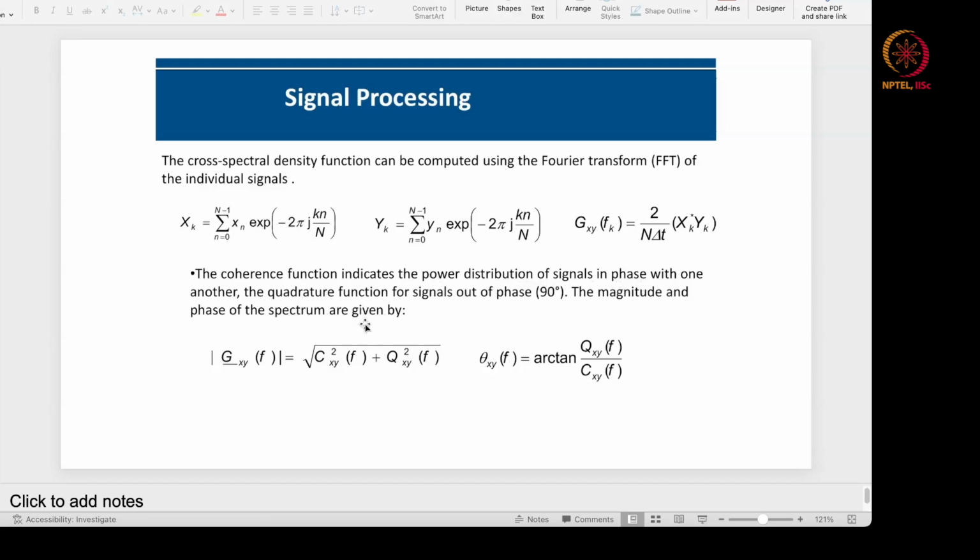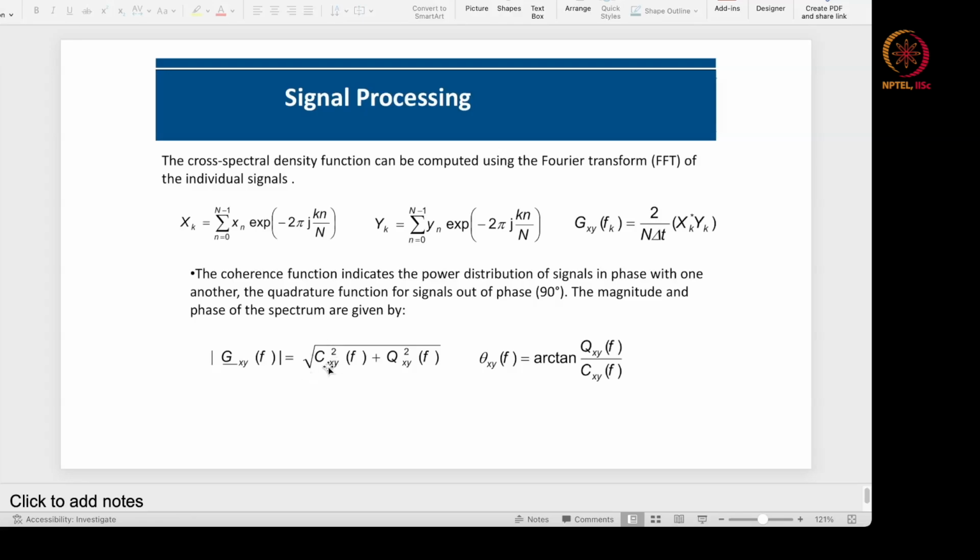The quadrature function, on the other hand, is for signals which are out of phase. If the signal is completely in phase, all the power will be contained in the coherence function, and if all the signals are out of phase, then all the power will be in the quadrature function. So the cross-spectral density function is this.